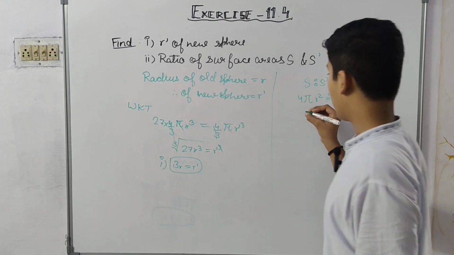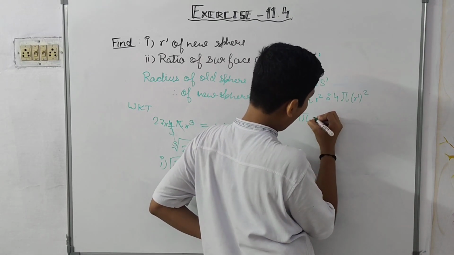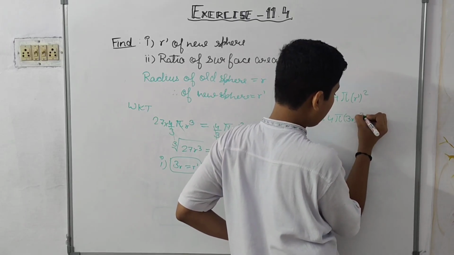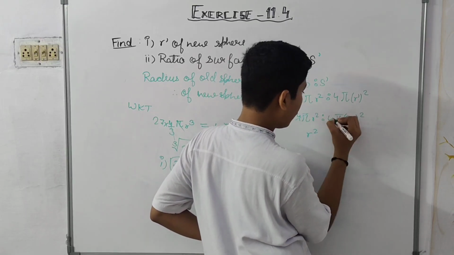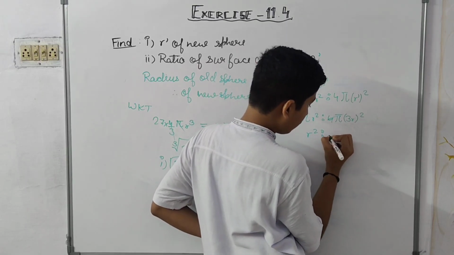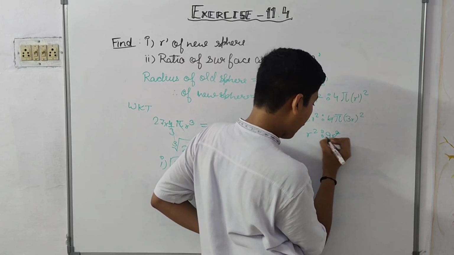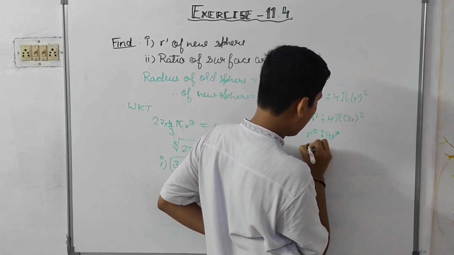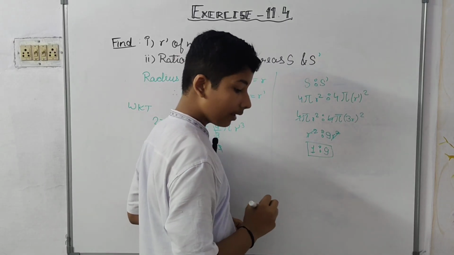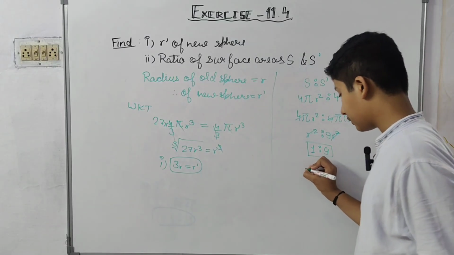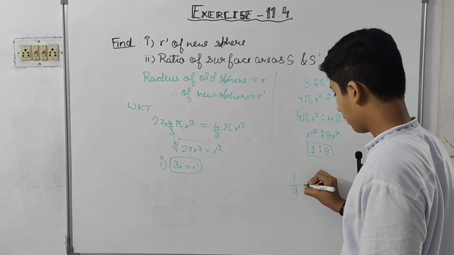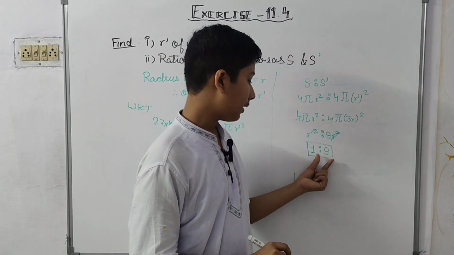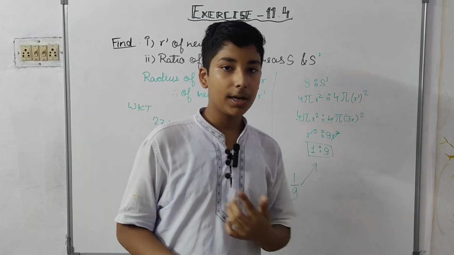Now R dash is 3r, so 4 pi r square is to 4 pi into 3r whole square. The 4 pi cancels and r square cancels, so 1 is to 9 will be the answer. If a fraction was asked, you would write 1 by 9, or else 1 is to 9. Both are the same. If a ratio is asked, write this one.